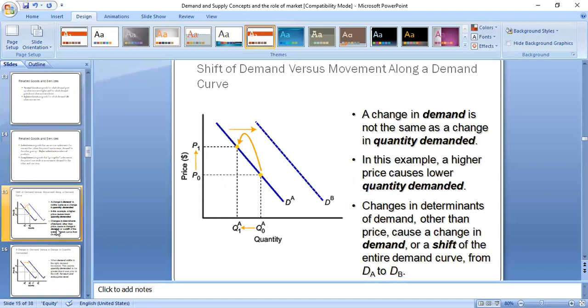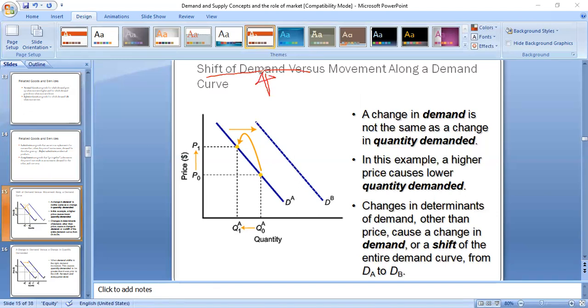Let's look at the shift of demand versus the movement along the demand curve. There is what we call a change in demand and a change in the quantity demanded. A shift of demand is a change in demand.